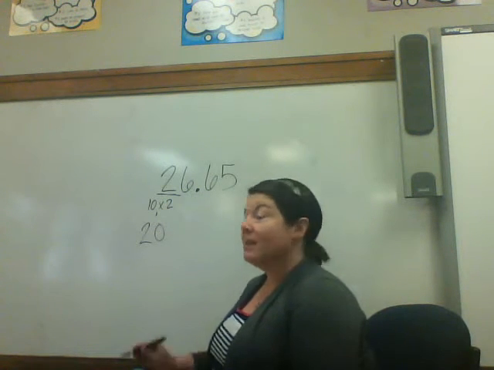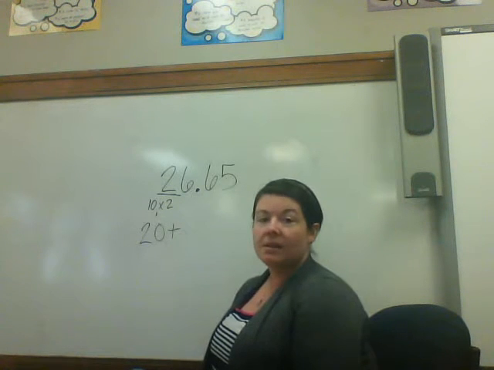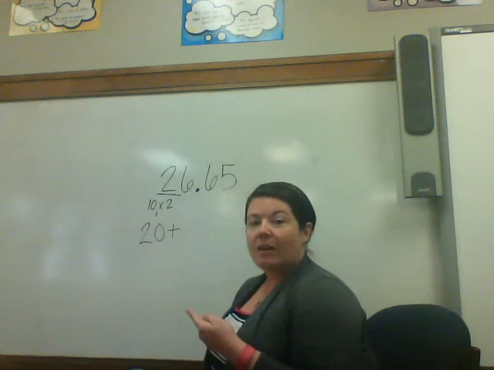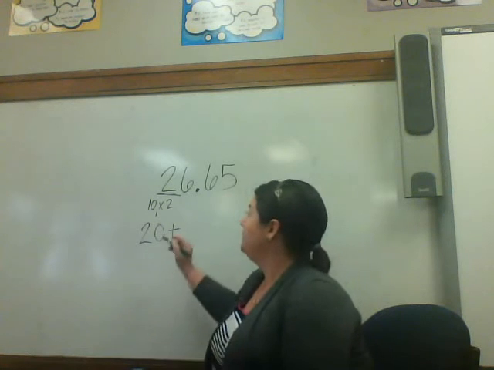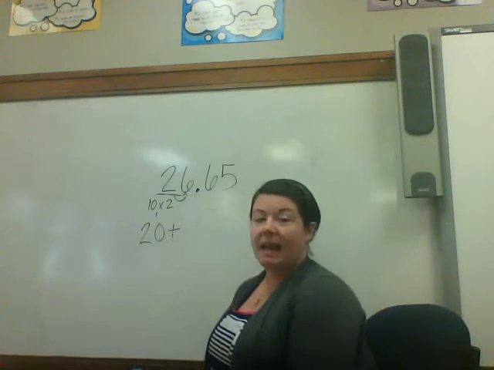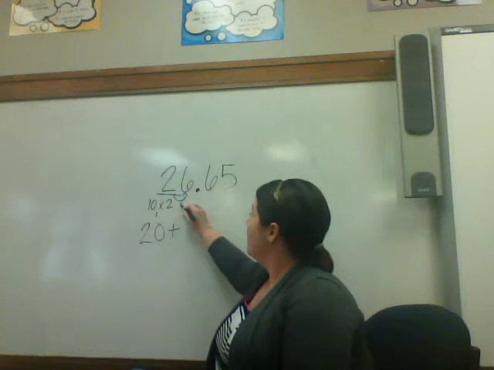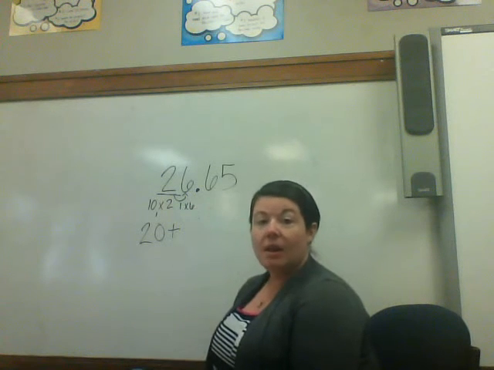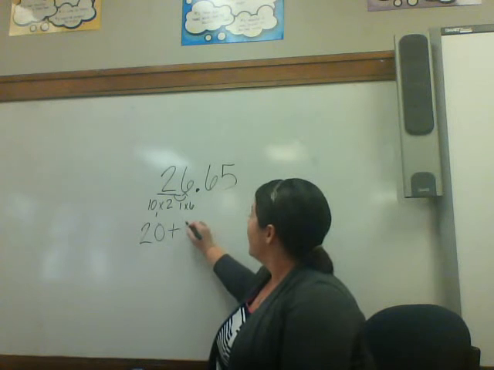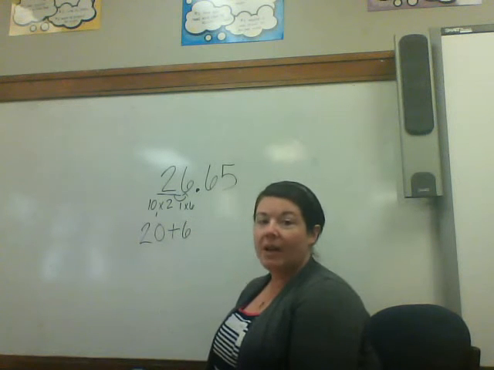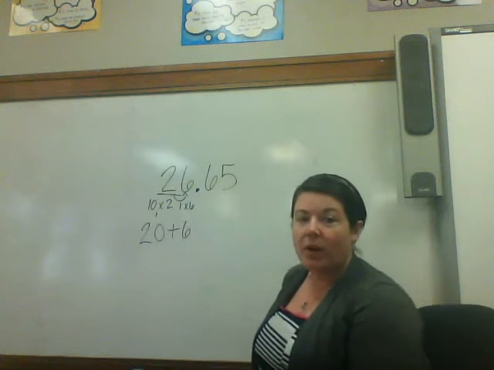So now I'm going to say 20 plus, and then I'm going to move to my next biggest place value, in which case is this 6. This 6 is sitting in the ones place. So I know that 1 times 6 equals 6. So that's the next number I'm going to put here in my equation in expanded form.